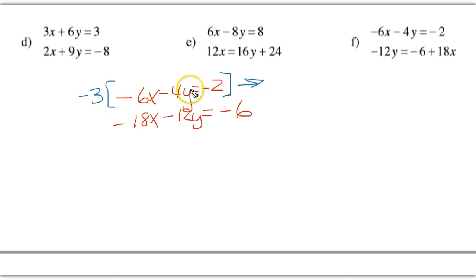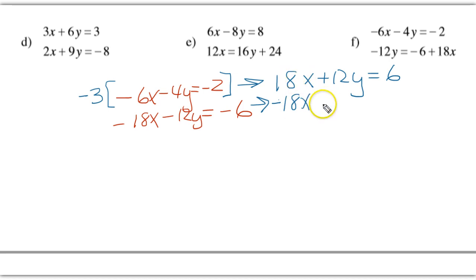So let's do that. This is going to be 18x plus 12y equals 6. Now I copy my bottom equation, negative 18x. That's what I was shooting for.